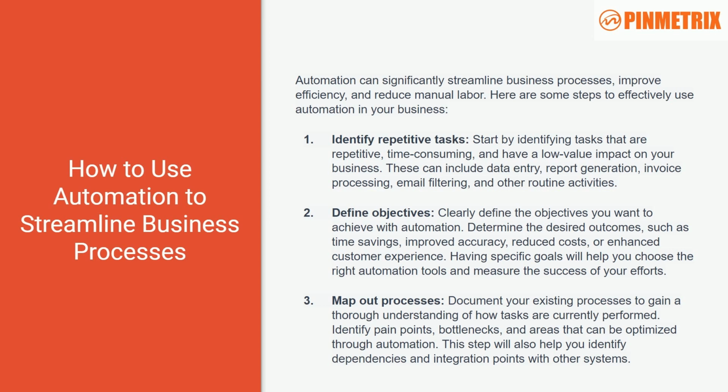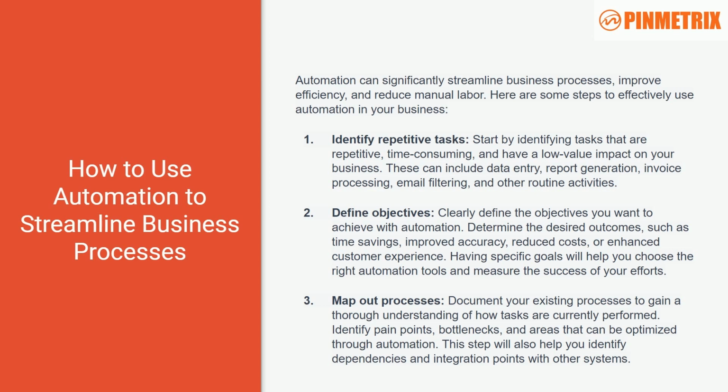Then you can also map out processes. That is, you need to document the existing processes that you have, so that you have a better understanding of how tasks are currently performed. Then you identify the pain areas, the bottlenecks that need to be optimized.